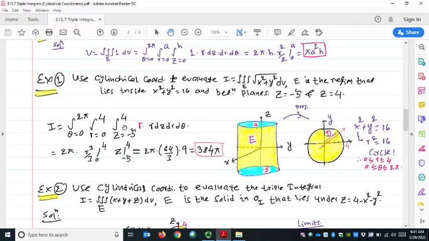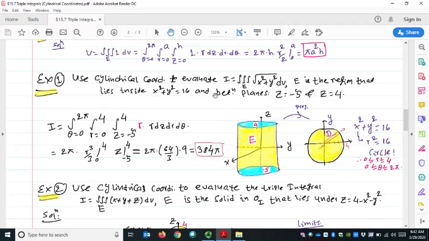For r and theta, the projection of this surface on the xy plane is simply the circle of radius 4, x squared plus y squared equals 16. So in polar coordinates, r varies from 0 to 4 and theta varies from 0 to 2 pi. These limits for r and theta come from this circle.